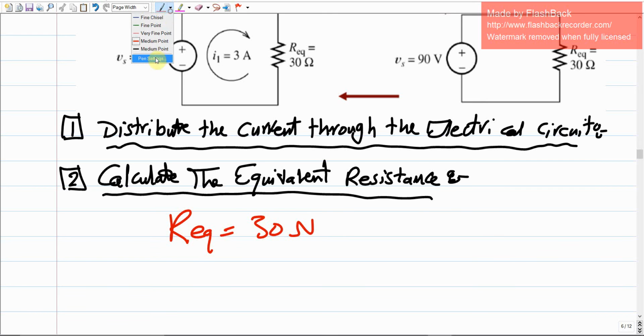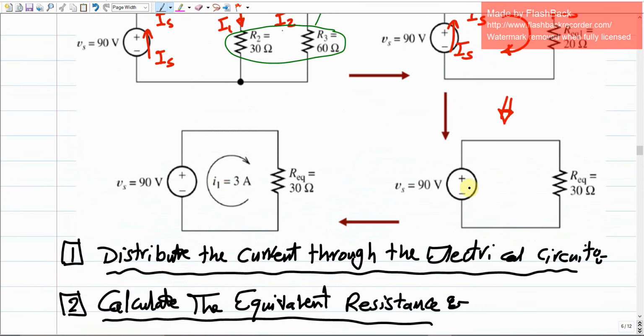As for the third step, your objective is just to apply Kirchhoff voltage law to find either the current or the voltage, because this is the simplified form of the electrical circuit. It has three components. There should be here the current IS, which should be IS as well here, right?